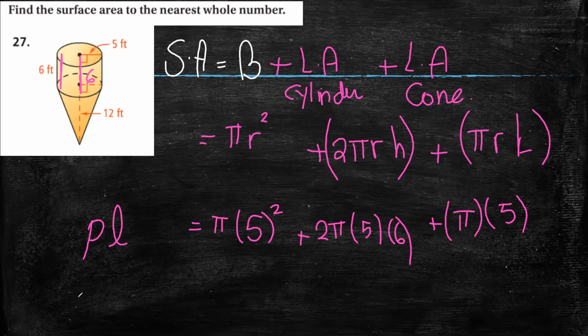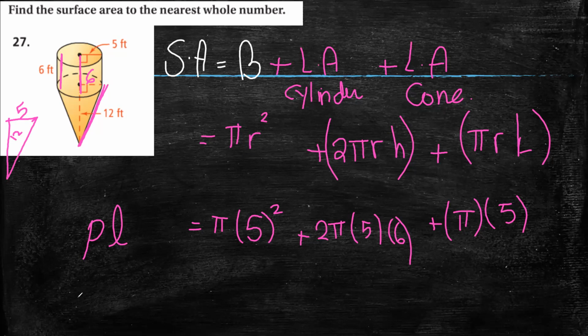Is it given? No, it's not. This is the slant height. They only give me the height of the shape, which is 12, and the radius, 5, and I can find the slant height.